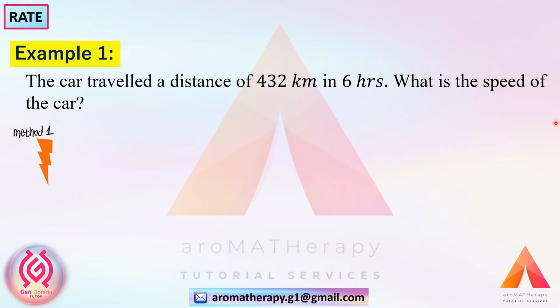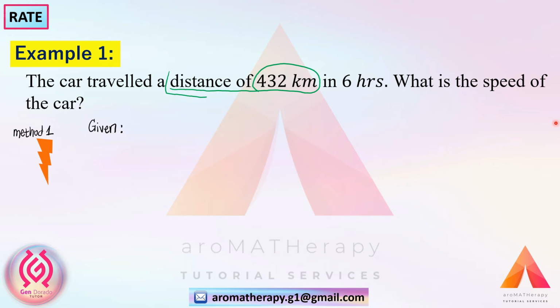First thing that we need to do is to determine our given. So, isulat. Given, colon. Okay. I-determine niya na. First is the distance of 432 kilometers. That is our first given.